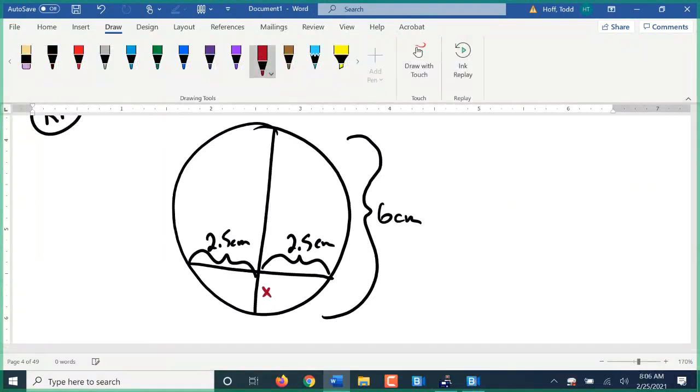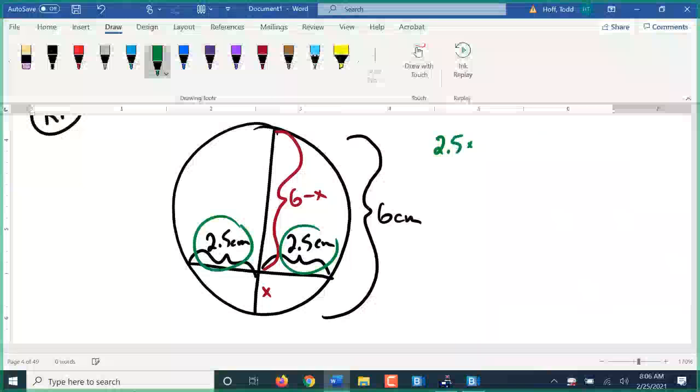I want this to be X. That means this length here is 6 minus X, 6 centimeters minus X. I know that the product of the pieces of chords is the same for intersecting chords. So this chord here is broken into 2.5 and 2.5. This chord is X and 6 minus X.